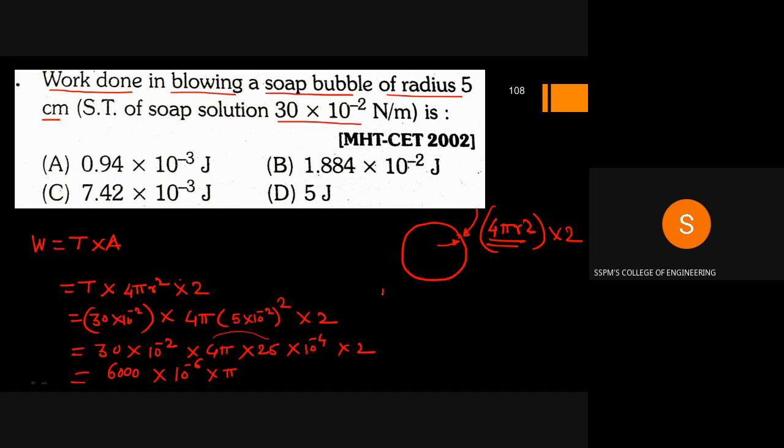So W is equal to 6,000, which we can write as 6 into 10 to the power 3. So 6 pi into 10 to the power 3 into 10 to the power minus 6. So 3.14 into 6 is 18.84.